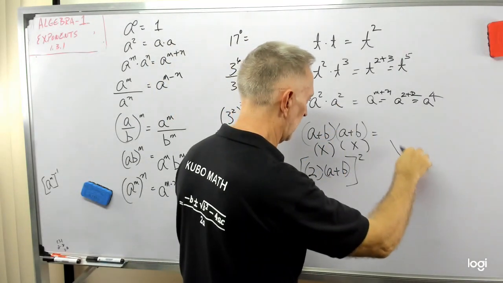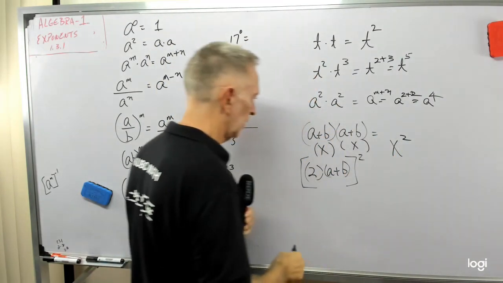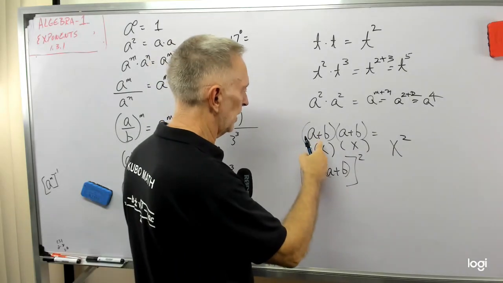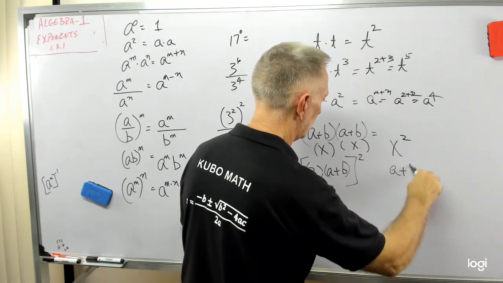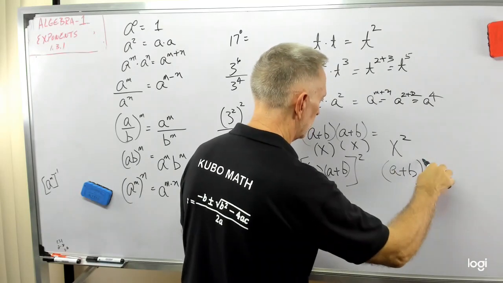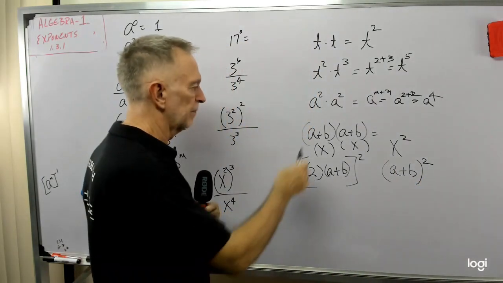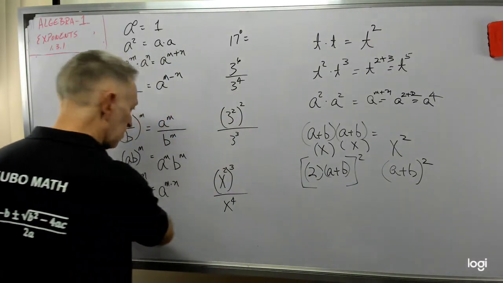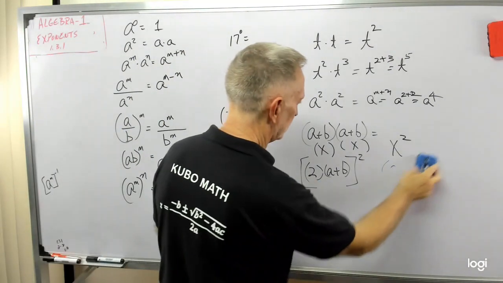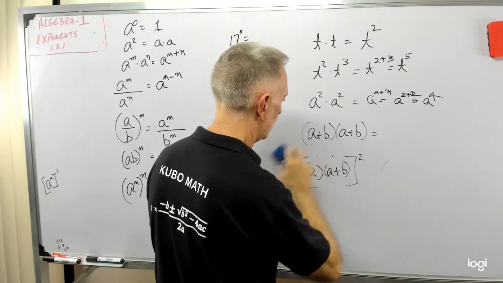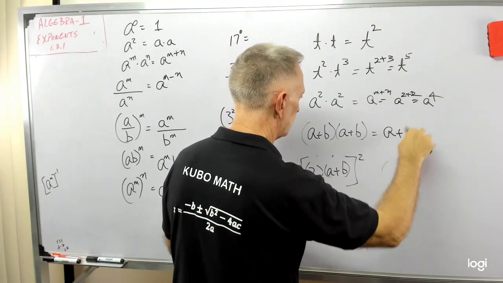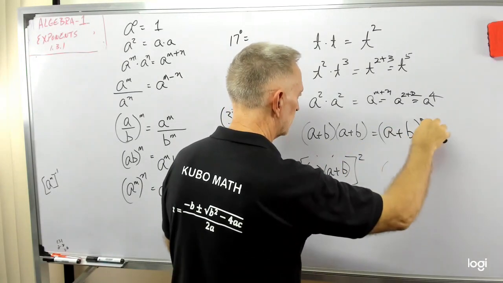So this is x to the second power. Well, what is x? It's a plus b. So this would become a plus b to the second power. Sorry, I got a little messy there. So that's a plus b to the second power.